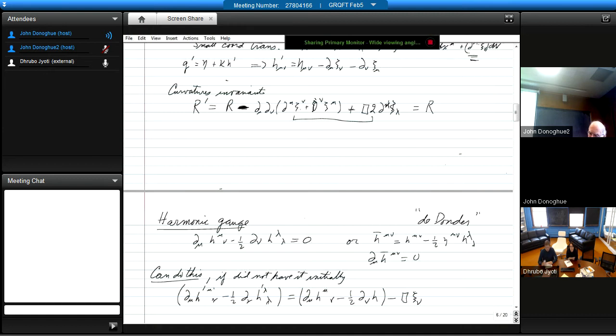How much work is it? The derivative on h mu nu gives me the box h piece, so that's the piece that I'm retaining. The second piece here, the derivative on h lambda lambda gives me the d nu dh, and then that's canceled by the second term here where I take the trace.